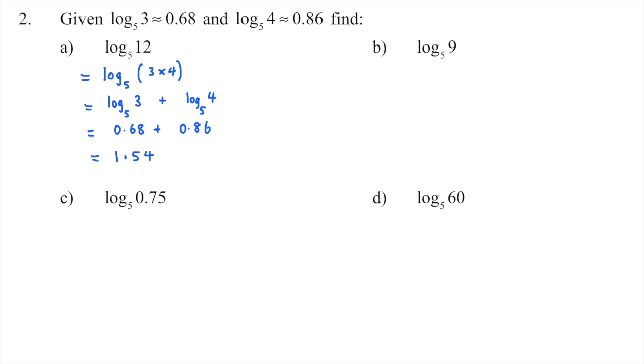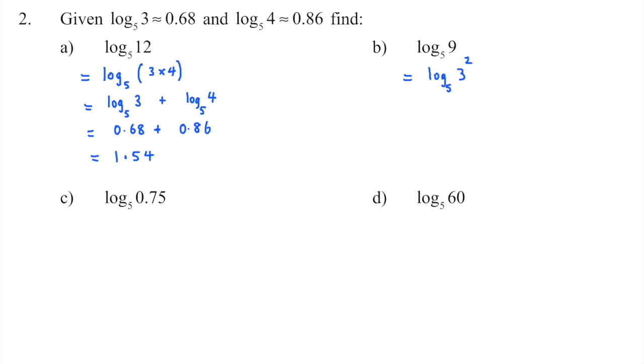Let's see how we go on the next one. Log to base 5 of 9 could be thought of as the log to base 5 of 3 times 3. I'm going to do it slightly differently. I'm going to think of it as the log to base 5 of 3 squared.